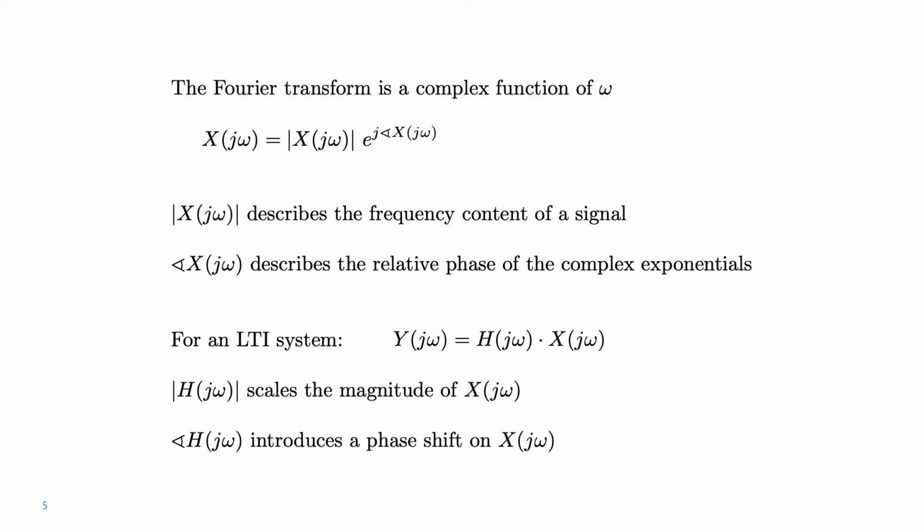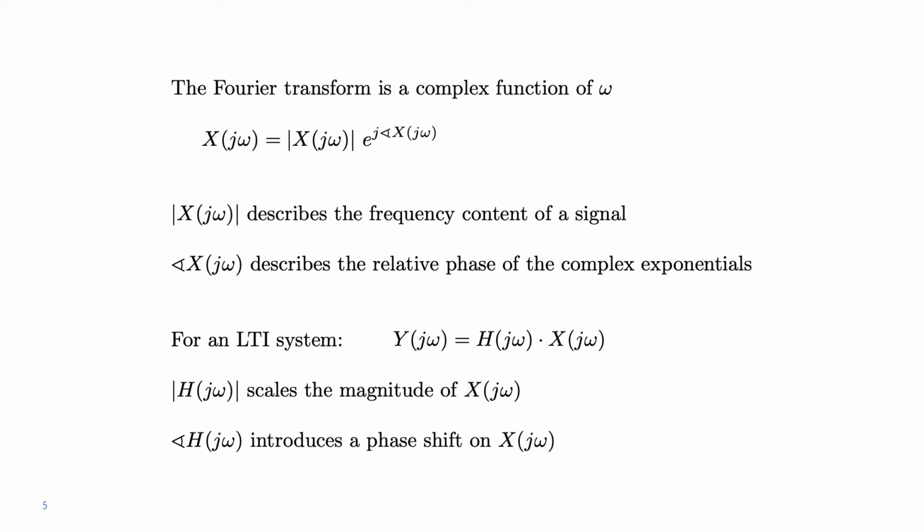So for an LTI system, the Fourier transform of the output Y(jω) can be obtained as the product between the frequency response H(jω) and X(jω), which is the Fourier transform of the input. So the role played by H(jω) is then clear.